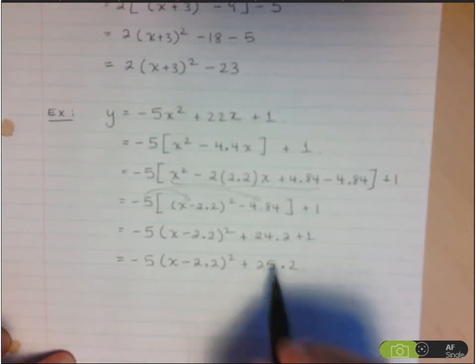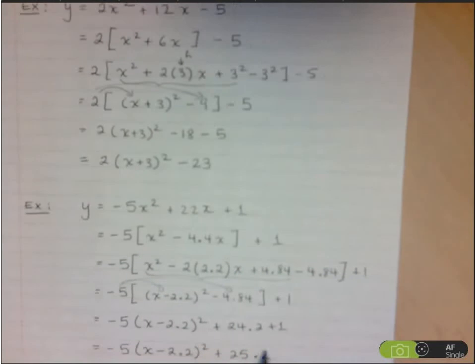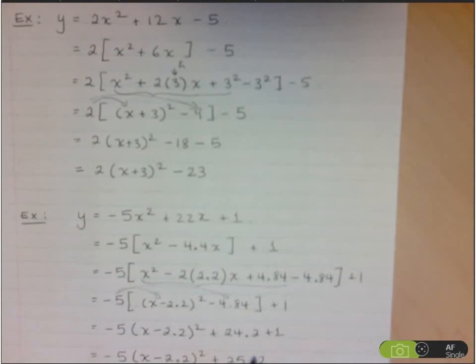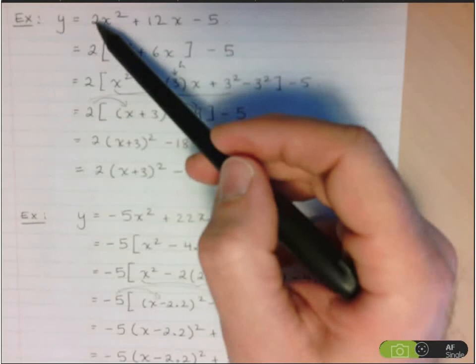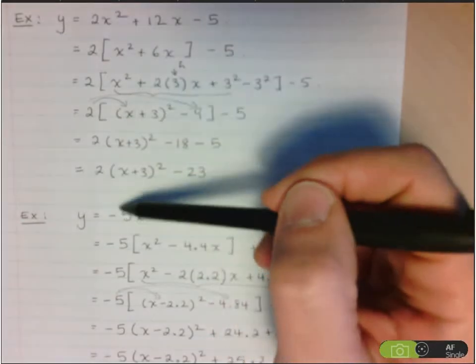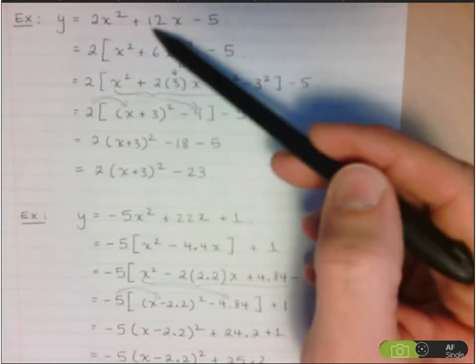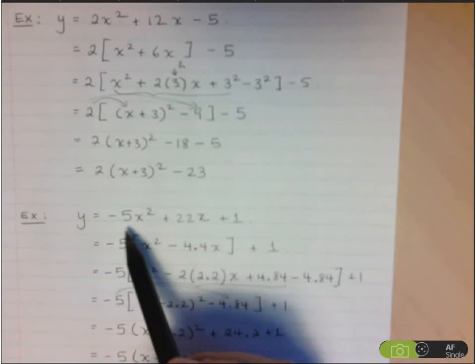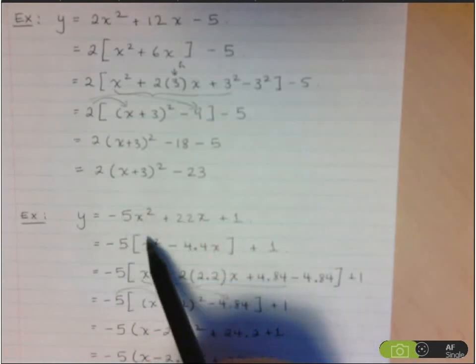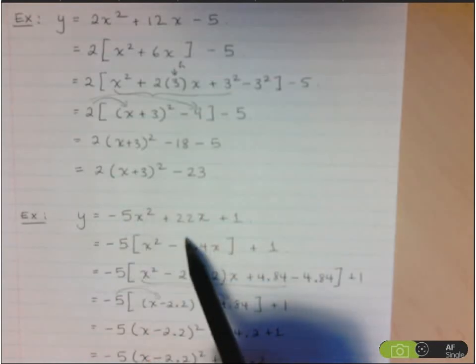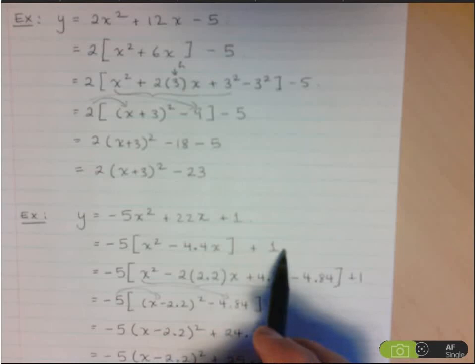So again, let's just go over the main steps when completing the square where a is not equal to 1. The first step is to factor out whatever the coefficient of x squared is from the first 2 terms only. That is, from the x squared term and the x term, leaving the c value aside.